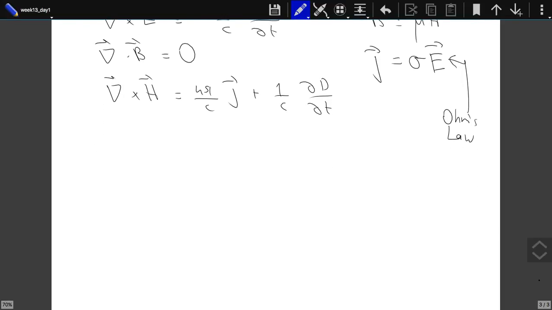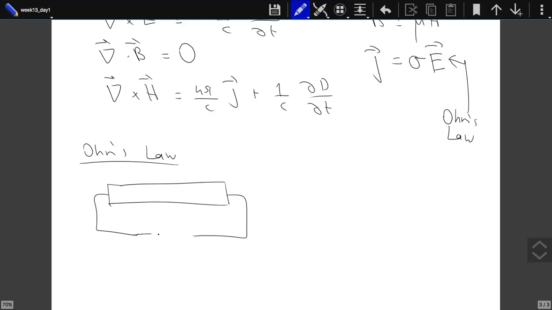Well, is it Ohm's law? Let's compare it with the familiar Ohm's law that V is equal to I times R. If you have a conductor, there is an electric field here, and let's assume the electric field is uniform for simplicity.